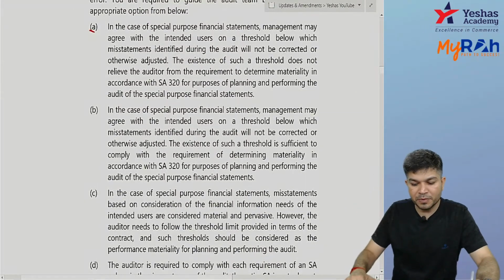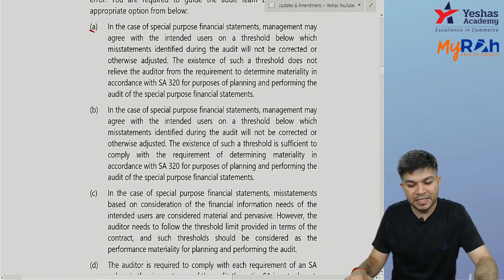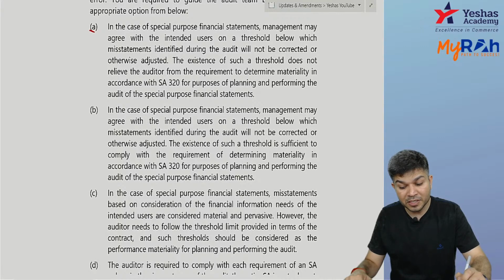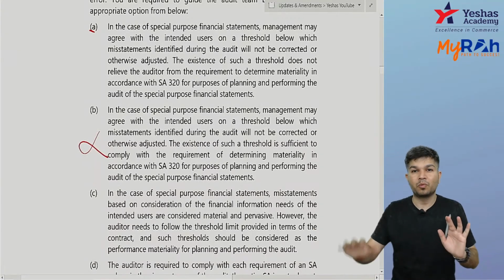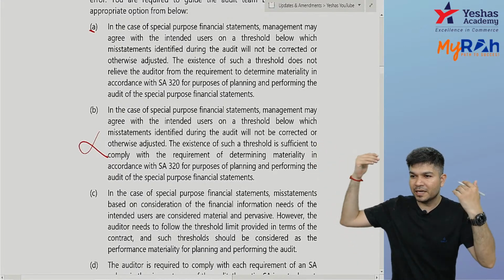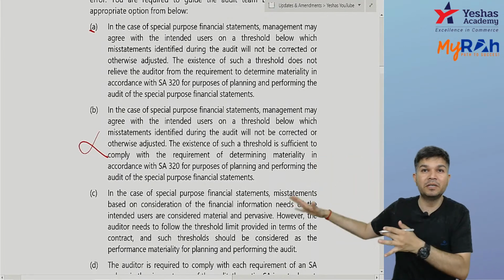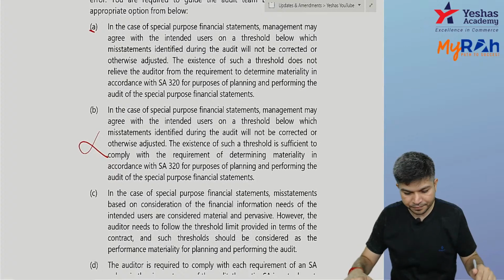In case of a special purpose financial statement, management may agree with the intended user over the threshold. The existence of such a threshold is sufficient compliance with SA 320. No. Whatever threshold is given in the contract, that is what you follow, leave 320. No, that's wrong.